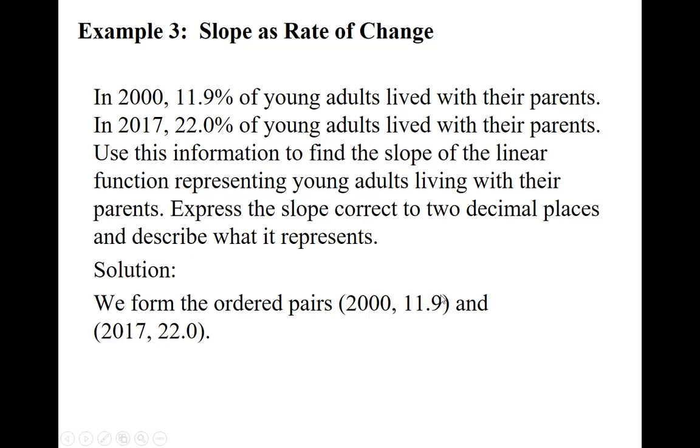The output is 11.9. And if we change the input to 2017, our output is 22.0%. So X is the year, Y, or F of X, is the percentage of young adults living with their parents.